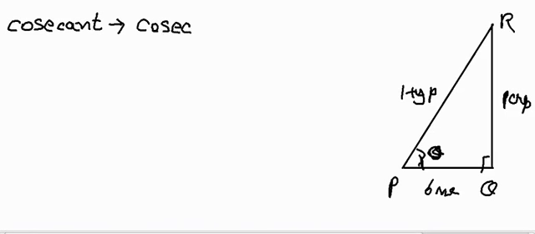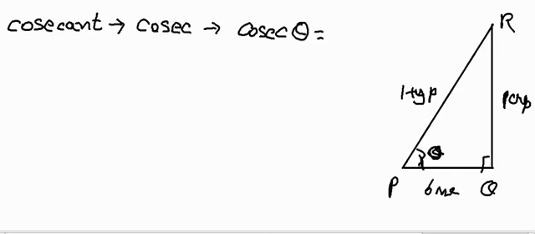C-O-S-E-C. Now what is this ratio? As I said, it is just the reciprocal of the three ratios we have already studied so far. So cosec theta is just the reciprocal of sine theta. What was sine theta, if you recall? It was perpendicular by hypotenuse.